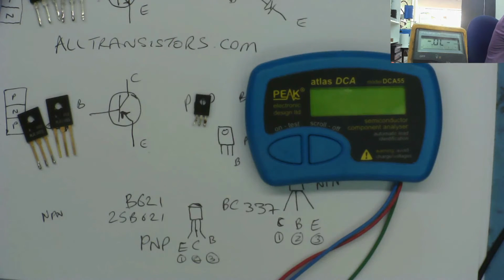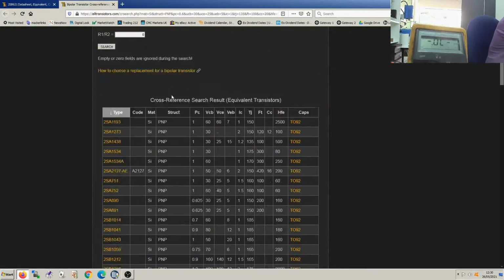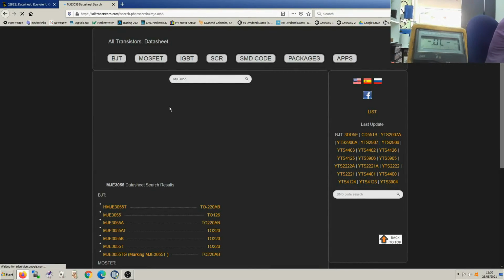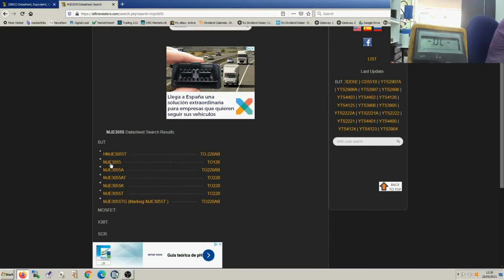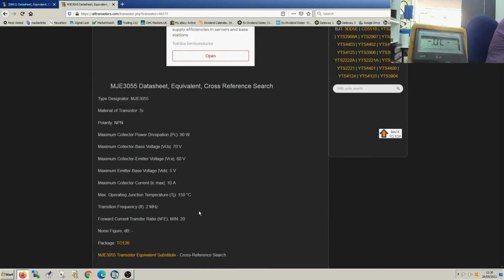Okay, so let's go back onto the internet and have a look to see what the rating for this other transistor should be. The MJE3055, yeah, that one. Well, actually, it's saying that the minimum gain hFE is 200.